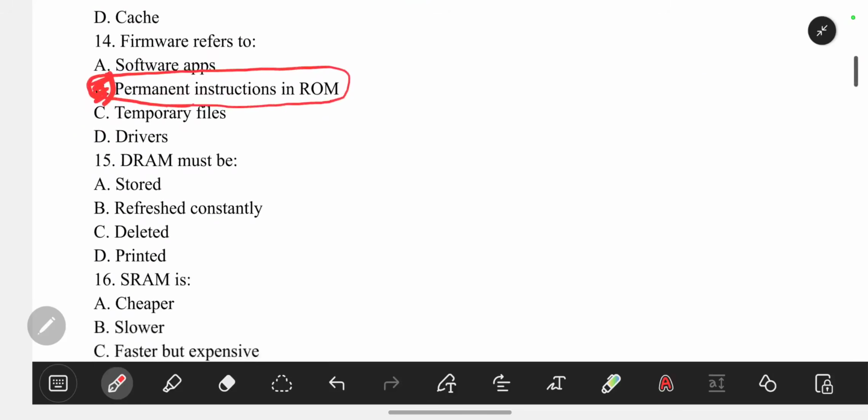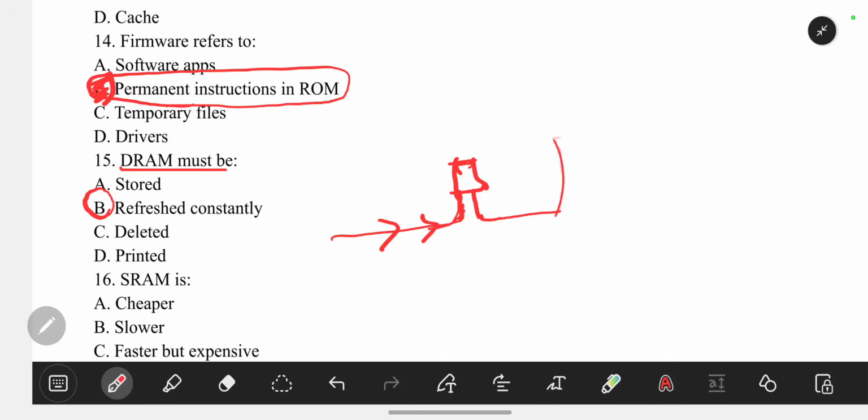Then when we look at our 15, it simply means DRAM must be constantly refreshed. So if we have DRAM, for you to be able to gain some information, it constantly has to be fed with power, electricity, and all that. Therefore, it is relatively slower compared to static RAM.